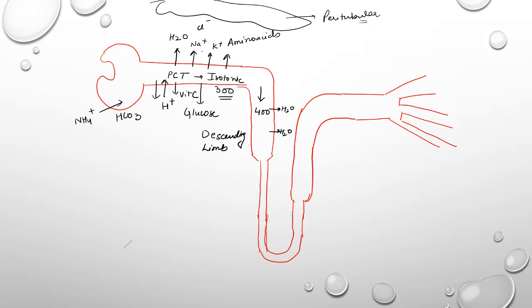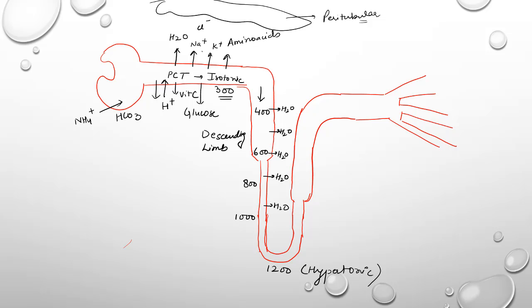As the thin descending limb continues, the osmolarity becomes 600. It keeps on losing water and becomes more concentrated: 800, then 1000, and at last it becomes 1200, which is a very hypertonic form.